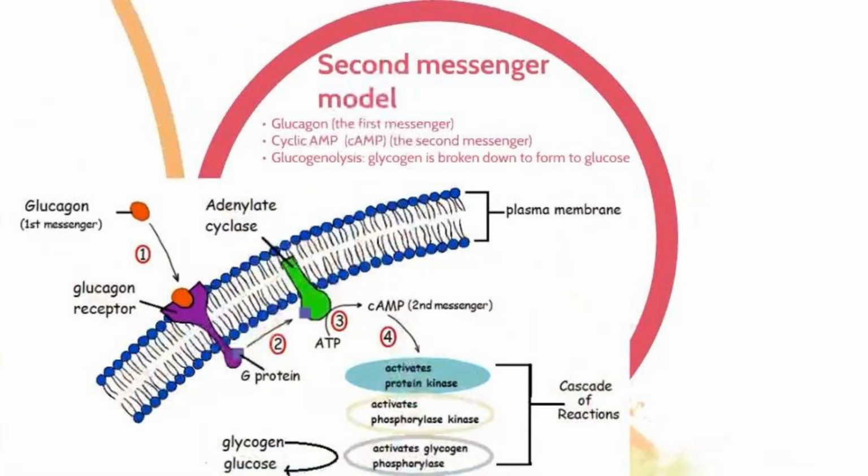So the first messenger is the glucagon. This causes the activation of the G protein, and the G protein activates adenylate cyclase. Adenylate cyclase can then catalytically convert ATP into cyclic AMP.